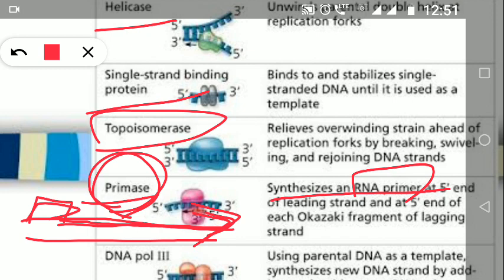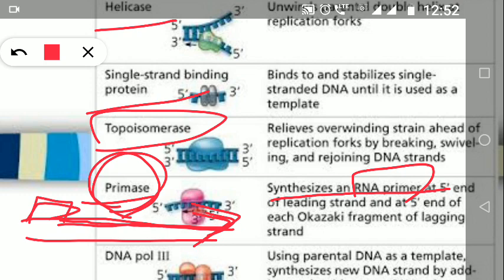These supercoils present some topological stress, which prevents the further movement of helicase as well as DNA polymerase. Therefore, this topological stress will be relieved by topoisomerases, which remove the supercoils, so that the helicase easily moves through the double helical DNA and unwinds it.